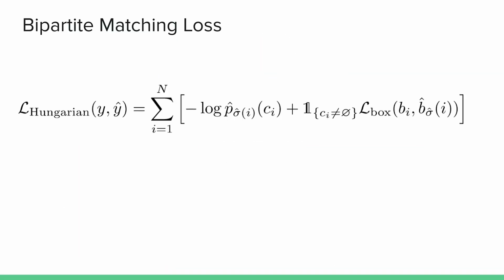Now how to compute this is the following. The loss that you're feeding into the Hungarian algorithm is first the standard cross-entropy loss for the classification label. We know this: if we have classification, the standard cross-entropy loss can be used to compute this.